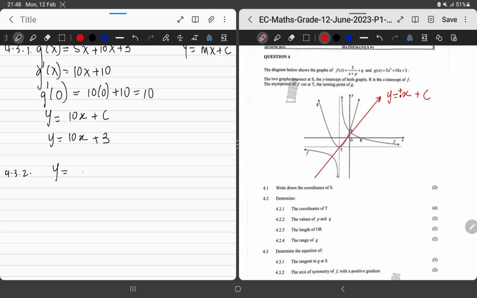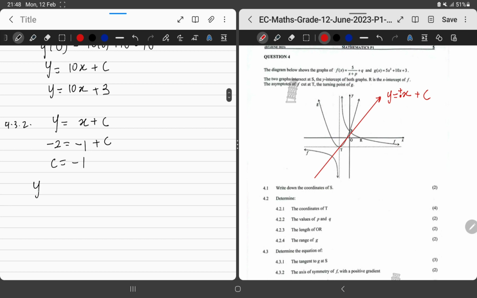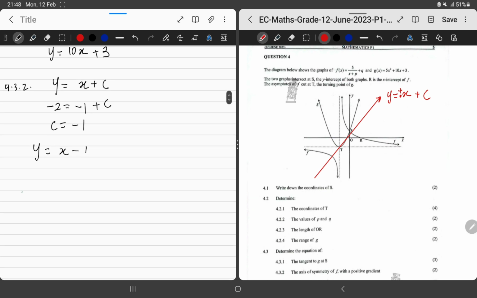We are going to say y equals x plus c. And then we substitute the asymptotes. y should be equal to -2, and then x should be -1, plus c. So c is -1. So the equation is given by y = x minus 1.